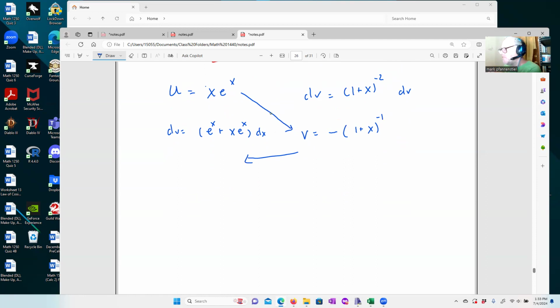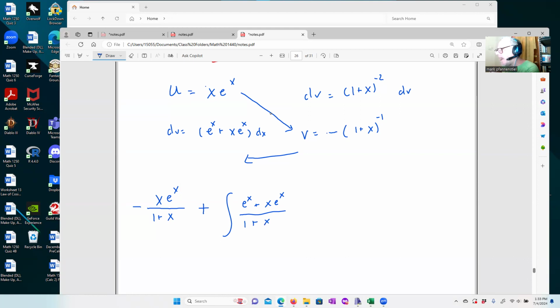So we're going to have uv, so we have x e to the x divided by negative 1 plus x, right? That negative 1 goes down to the bottom. And then we have negative in the integral, but because I have negative and negative, we're going to have e to the x plus x e to the x over 1 plus x. Okay, so that accounts for the negative sign.